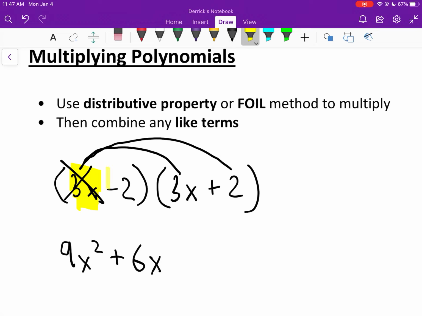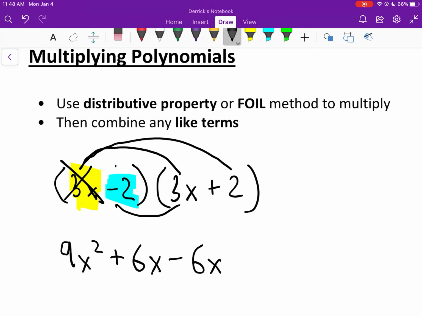I'm going to move on to the second term in my first parentheses, my first polynomial, of negative 2. We'll use a different color for that just to be clear. So now I'm going to distribute that negative 2. Negative 2 times 3x. Negative 2 times 3 would be negative 6.